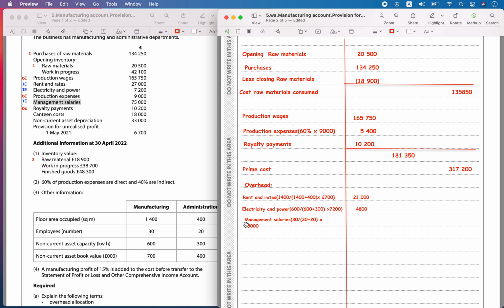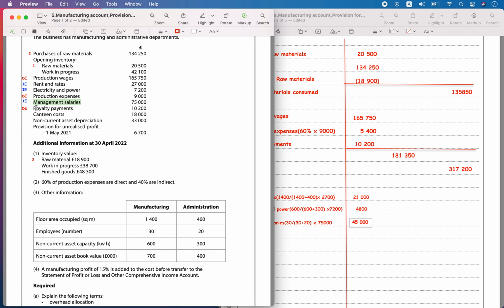So you have to split 75,000, and that's going to be equal to 45,000. So here the cost is split as 45,000.